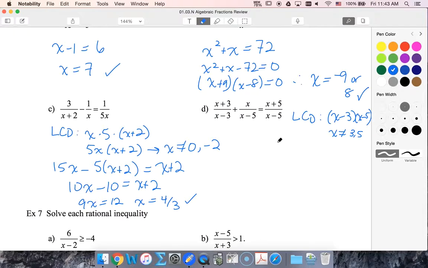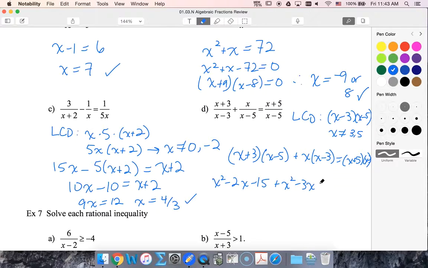Multiplying through and solving, we will get x plus 3 times x minus 5 plus x times x minus 3 equals x plus 5 times x minus 3. That's very squished, I'm sorry. x squared minus 2x minus 15 plus x squared minus 3x equals x squared plus 2x minus 15.